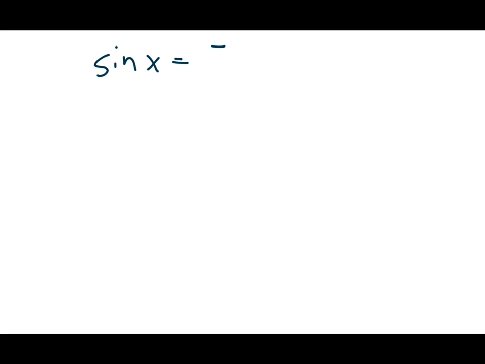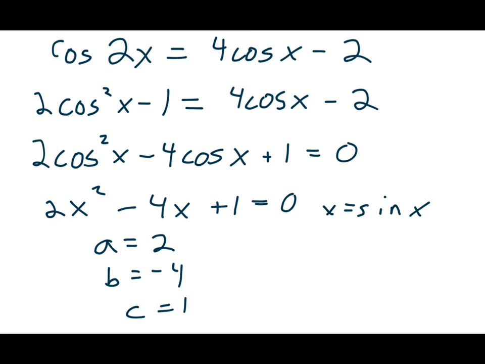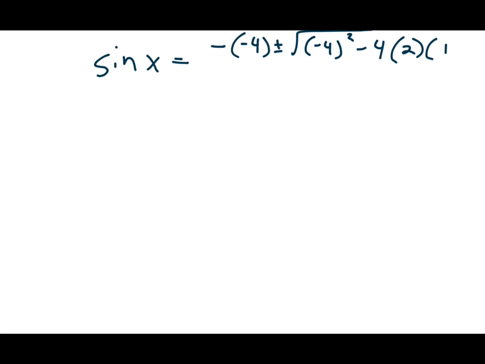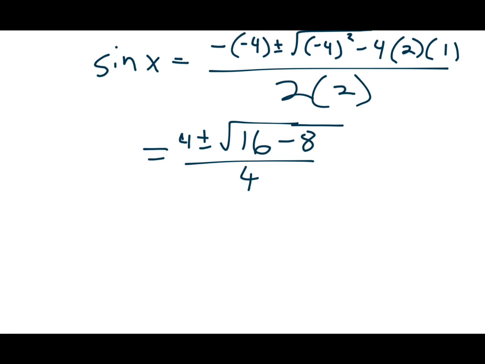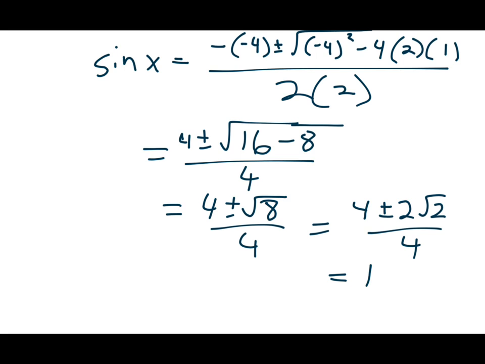So it's going to be negative b, which was -4, plus or minus the square root of b squared, minus 4 times a, which is 2, and c, which is 1, all over 2 times a, which is 2. So we have 4 plus or minus the square root of 16 minus 8 all over 4, which is 4 plus or minus the square root of 8 over 4, which is 4 plus or minus 2 square roots of 2 over 4, or 1 plus or minus 1/2 square root of 2.